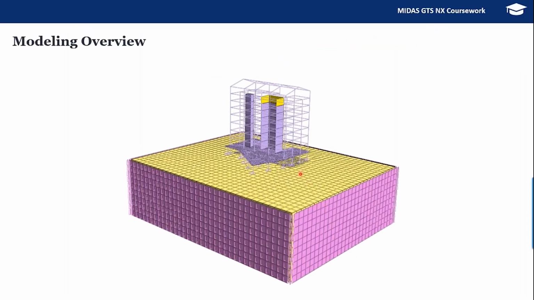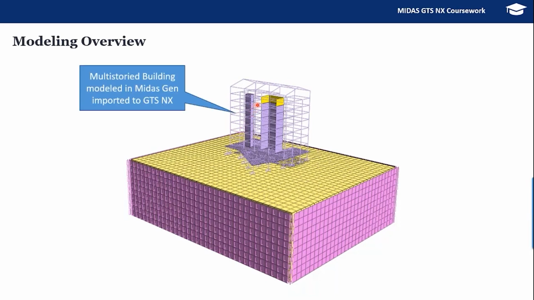This is the model which I'm going to model in front of you in today's session. Here we have a multi-storied building, and we are not modeling this building in the software, but we are importing it from MIDAS Gen, a structural software from MIDAS. This building is resting on the soil, and we are modeling this soil in GTS NX, and onto this soil we are going to apply a ground acceleration.